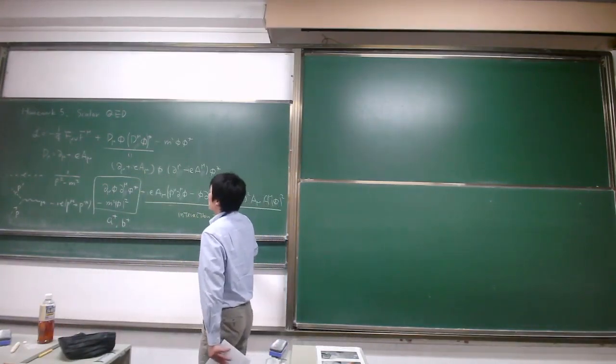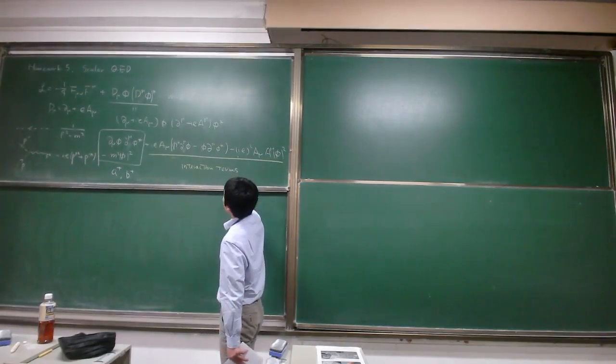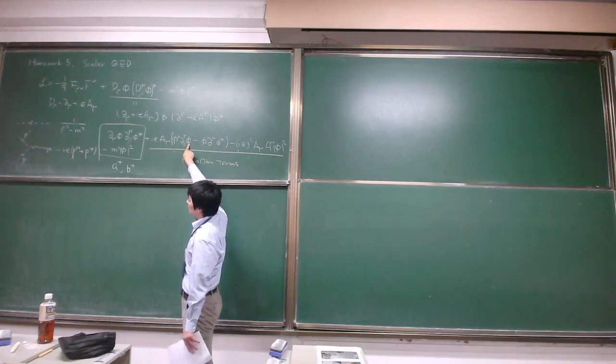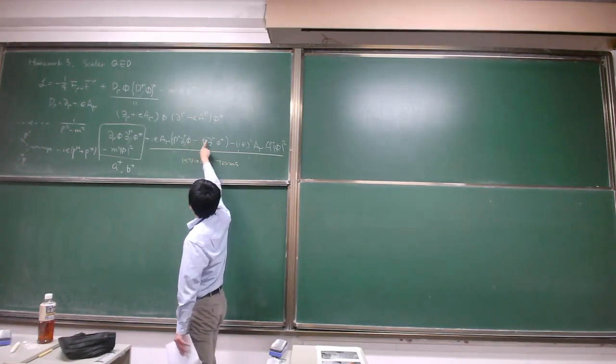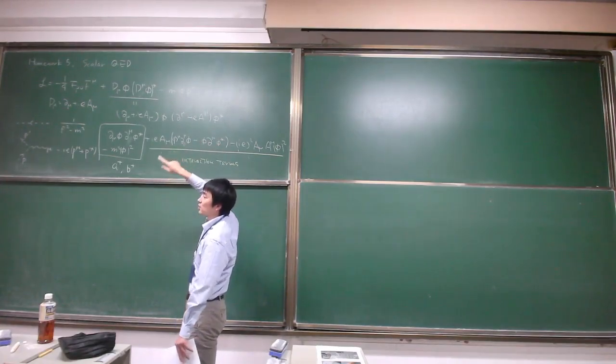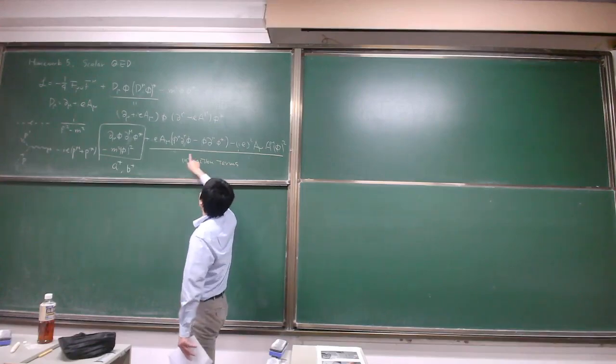So here you act on the usual particle creation operator and this anti-particle creation operator, which has the opposite Fourier expansion.